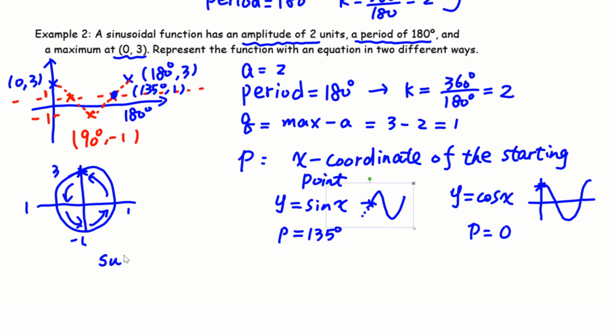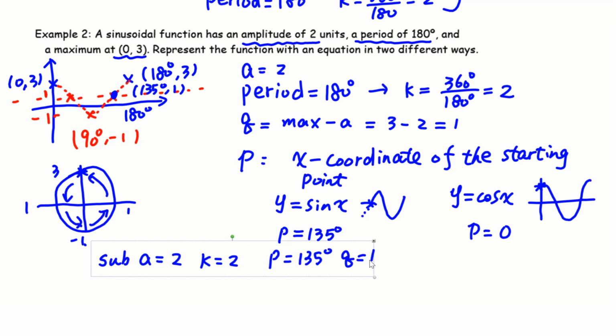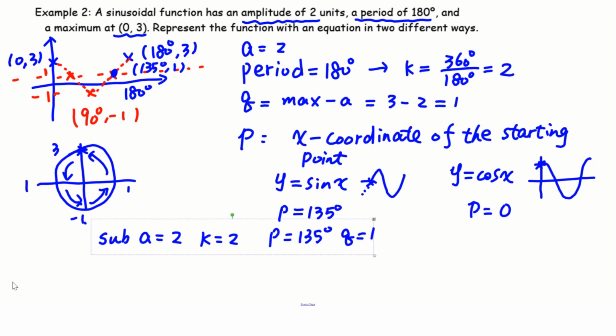Then we are going to sub A equals 2, K equals 2, P equals 135, and Q equals 1 into y equals A sine K bracket x minus P bracket plus Q, the general form.